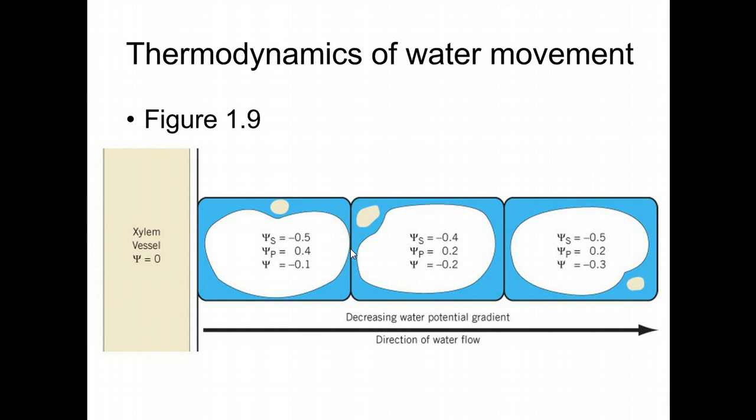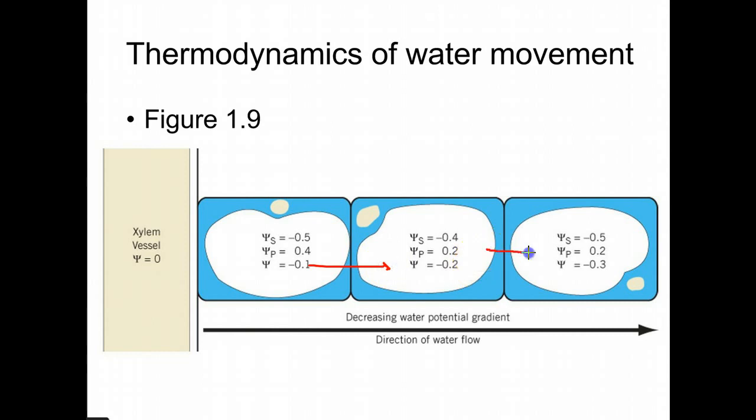Okay? So in that theoretical system, -0.2 is going to be equilibrium, right? Is it the average? The average, yeah, because if you think about it, water is going to initially move this way, right?